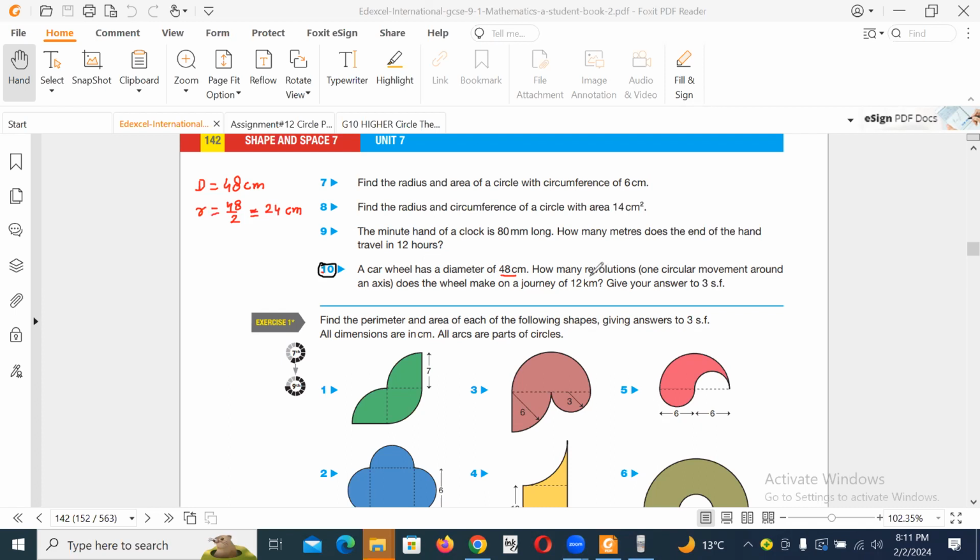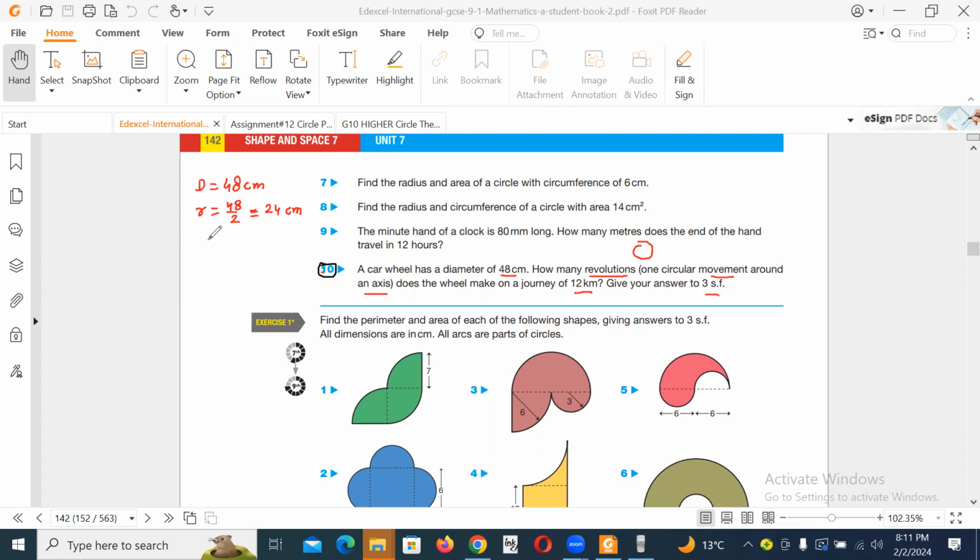Now, how many revolutions, meaning circular shape? Once they ask circular, we think about circumference. One circular movement around an axis. So what is the circumference first? And how many revolutions does the wheel make on a journey of 12 kilometer? Give your answer to three significant figures.